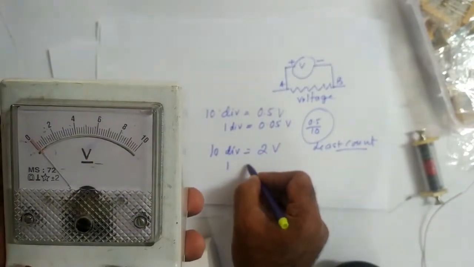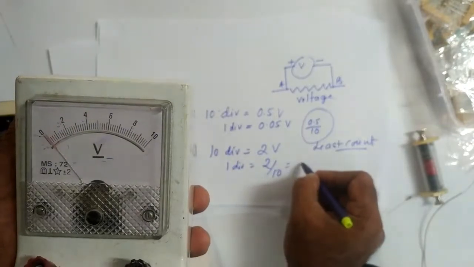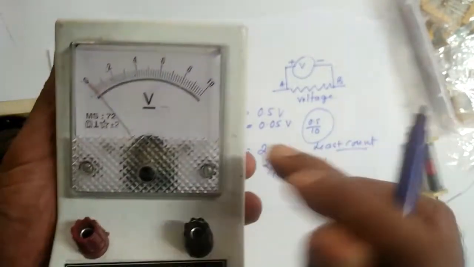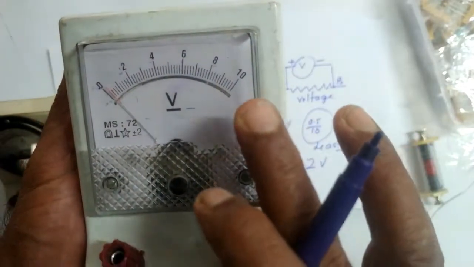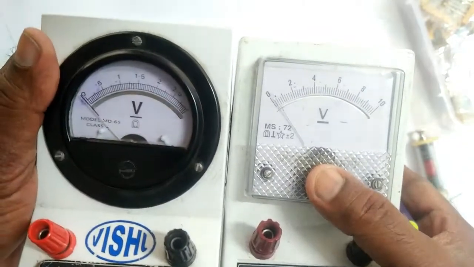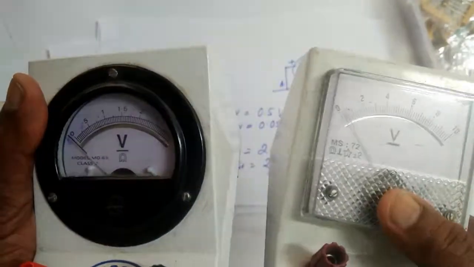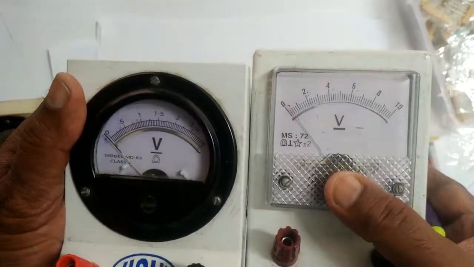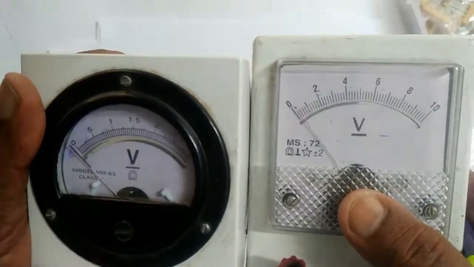So 1 division will be equal to 2 by 10, which is 0.2 volt. So here the least count is 0.2 volt, whereas the least count of the other voltmeter is 0.05 volt. So it depends on the type of voltmeter and the range of the values mentioned on that voltmeter.